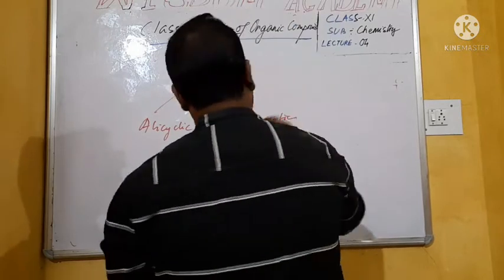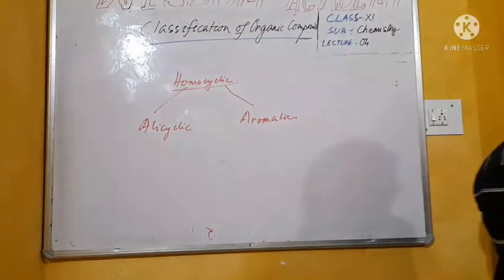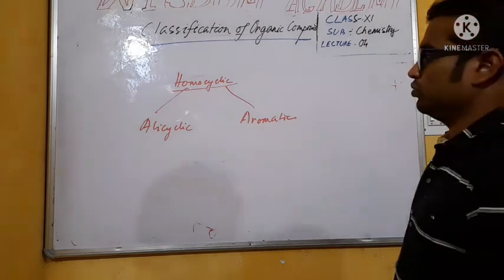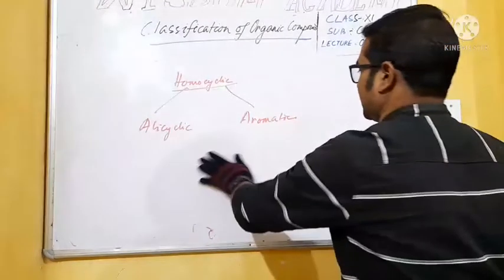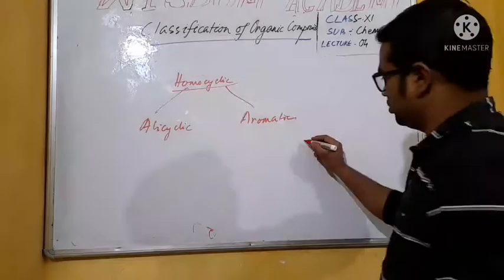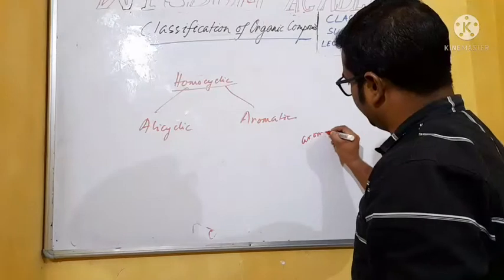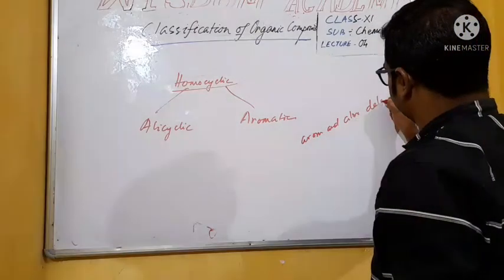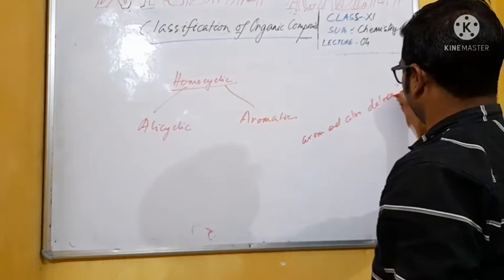What are alicyclics? That means the chemical properties of these compounds resemble aliphatic compounds. So these are known as alicyclic. Aromatics means the compounds have aroma and also delocalized pi electrons.